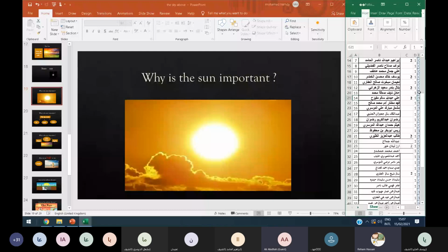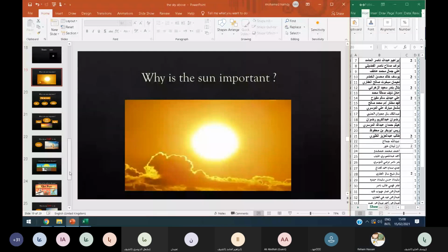Why can't we see the other stars? Because the sunlight is so bright. Yes, so we can see the other stars in the night. Thanks a lot, Ali. Okay.